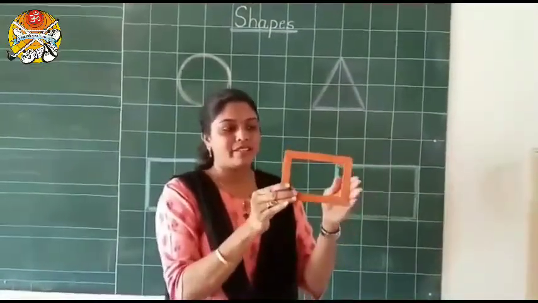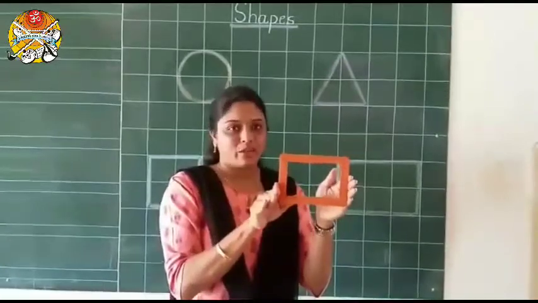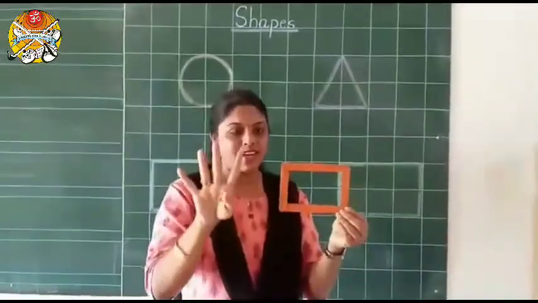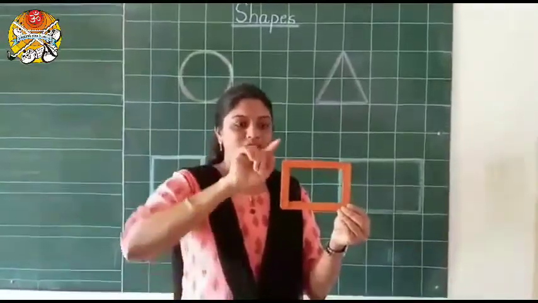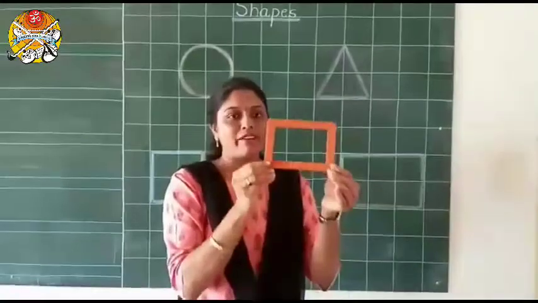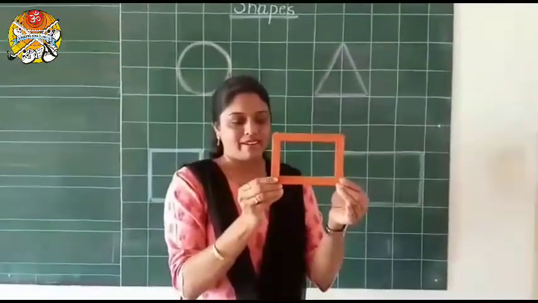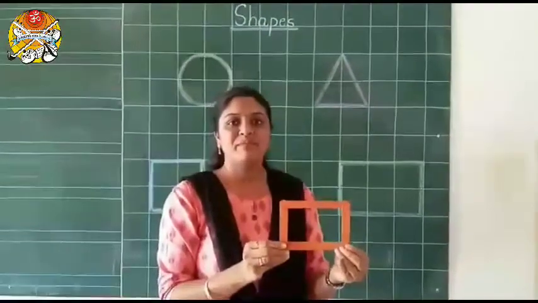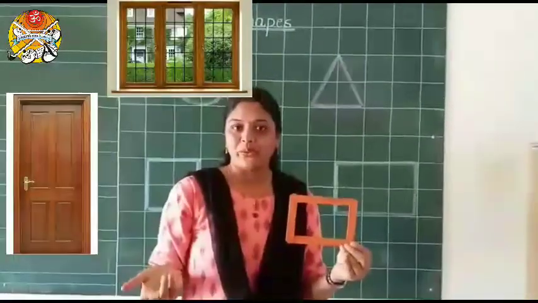So this and this both sides are equal, same in size. So rectangle has 4 sides and 4 corners. 1, 2, 3 and 4. There are 4 corners of rectangle, right? And the examples of rectangle are window, door, envelope, books, refrigerator.